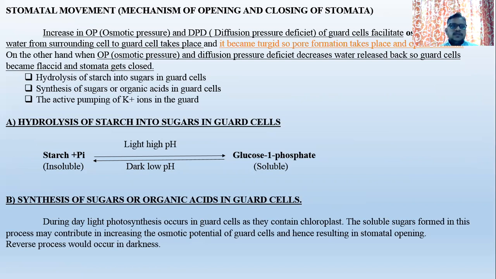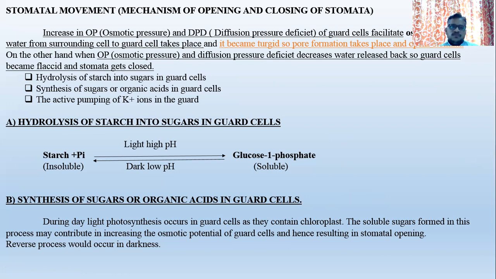Moving on to the next slide, stomatal movement, that is the mechanism of opening and closing of stomata. So here, remember one thing, okay? Remember one thing which is common in all three types of mechanisms: osmotic pressure and diffusion pressure deficit are two important pressures which allow the water to come into the guard cell and go out of the guard cell.